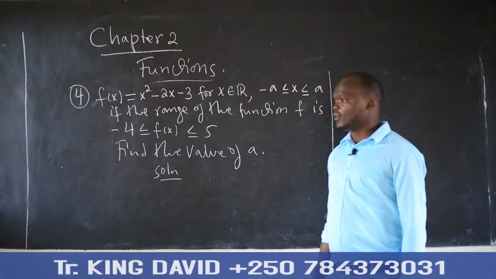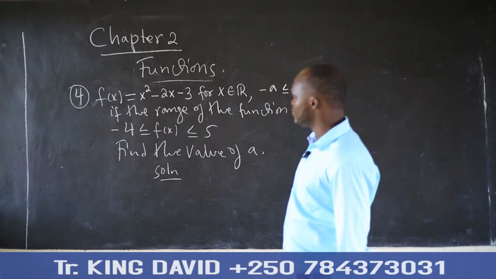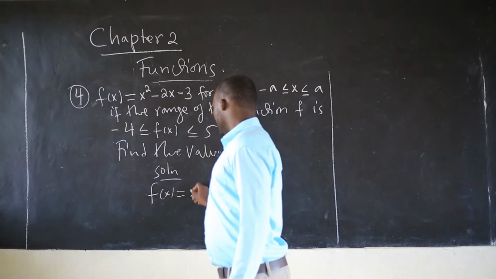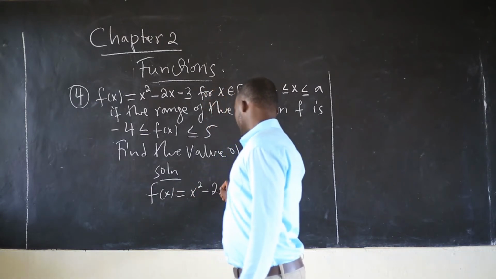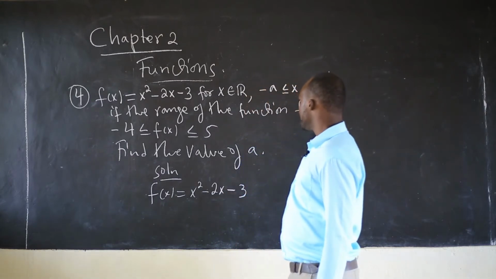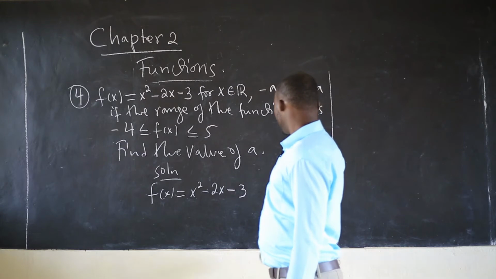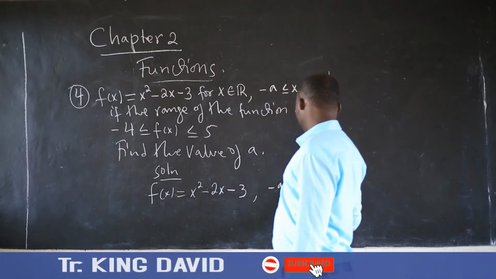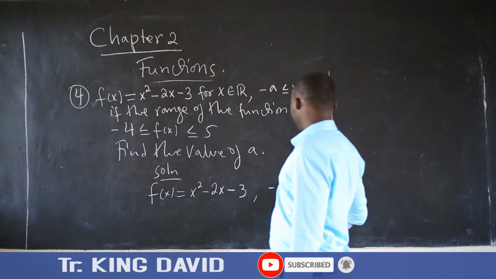Now number 4 is saying that f of x equals x squared minus 2x minus 3. It is a quadratic function where x is a member of the real numbers. We have the domain from negative a to a.